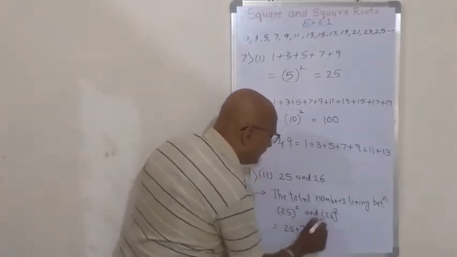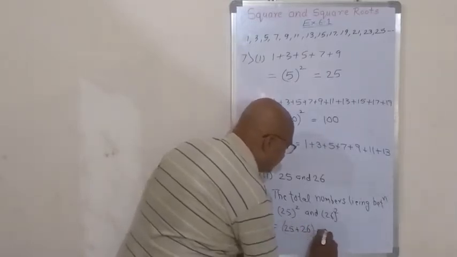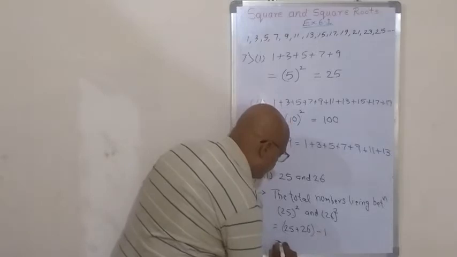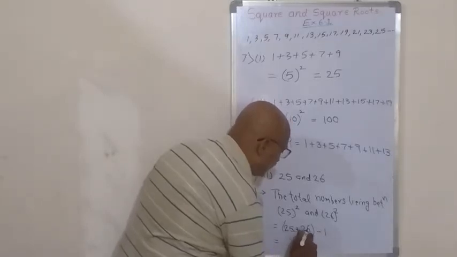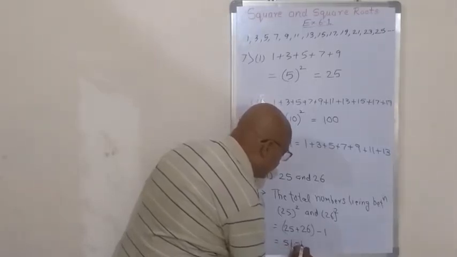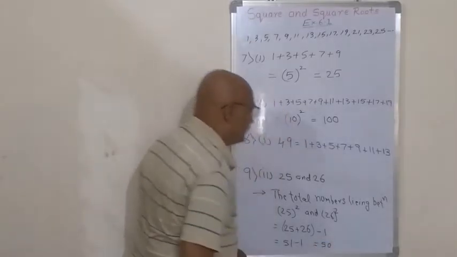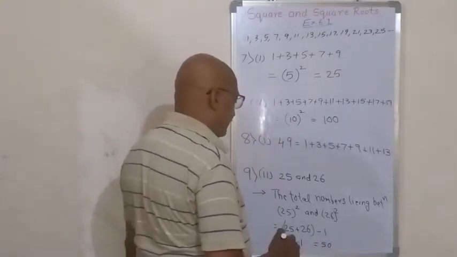We have to add these numbers, and from this addition we have to subtract 1. So 25 plus 26 is 51, minus 1 equals 50. So you will find that 50 numbers are there.